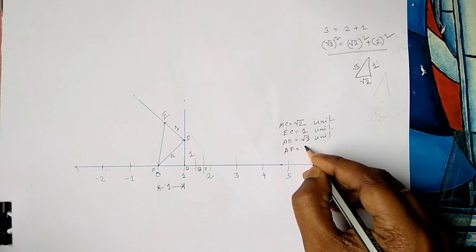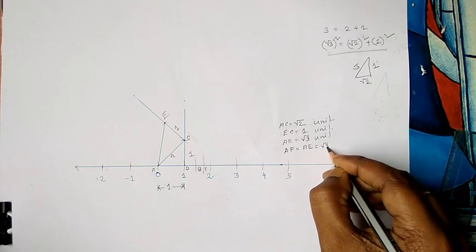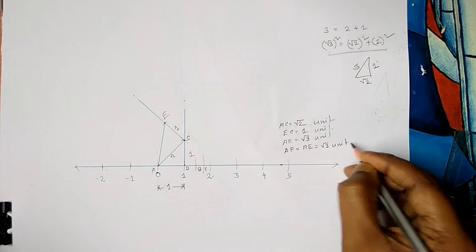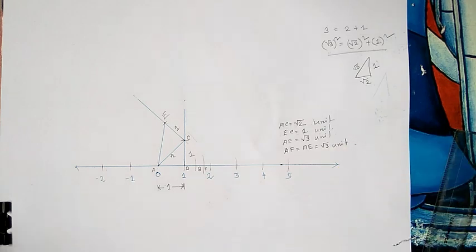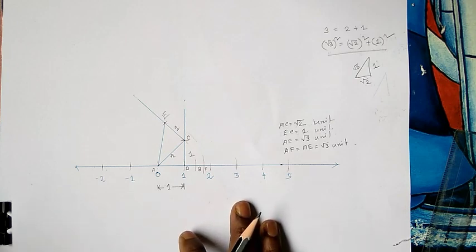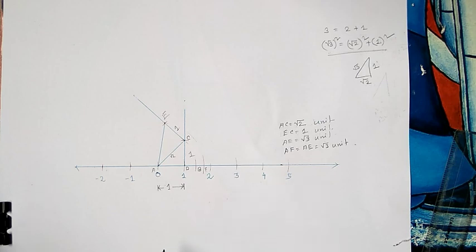AF equals to AE equals to root 3 unit. So from this figure we can conclude that it is your root 3.